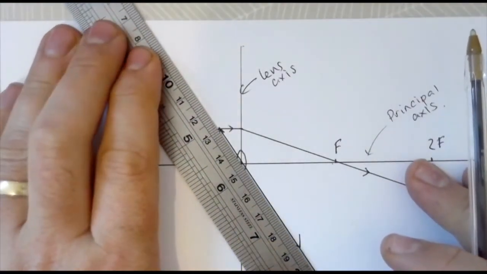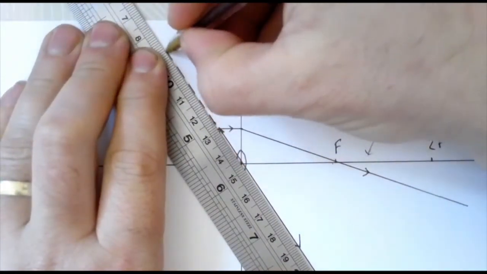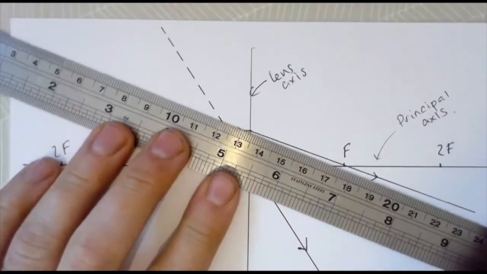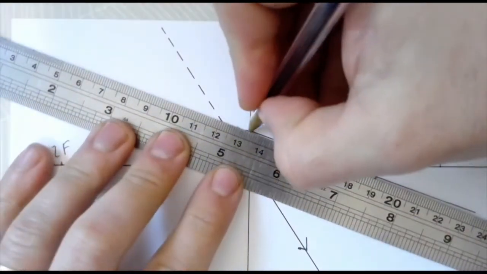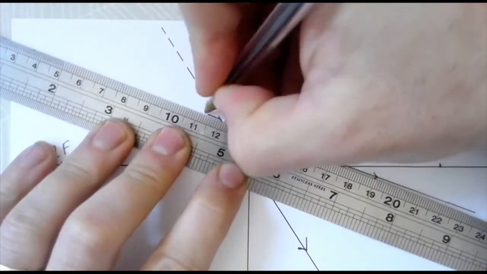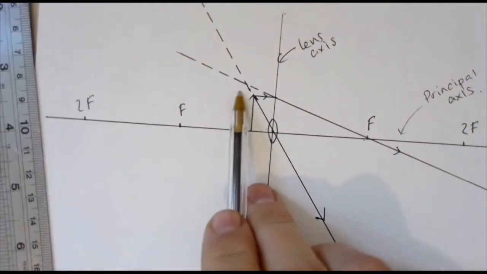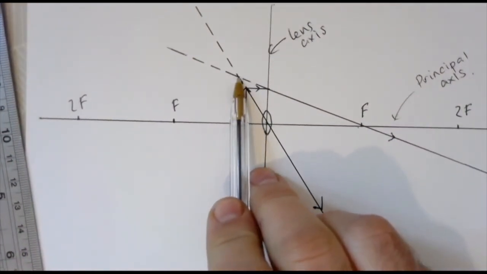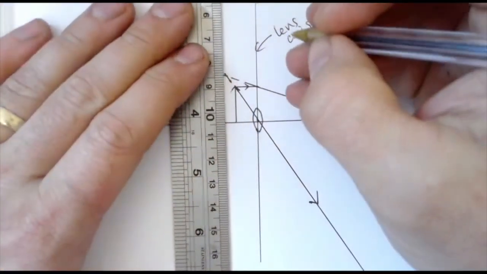So I'm going to use dotted lines to continue, like this one, and same over here. And where our construction lines converge, this is where we're going to draw our image.